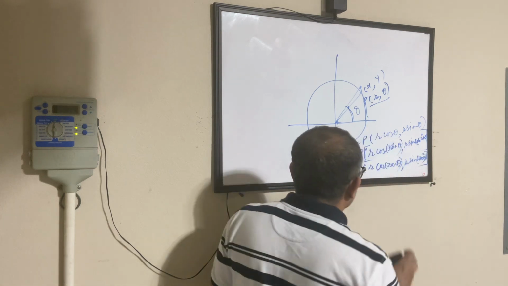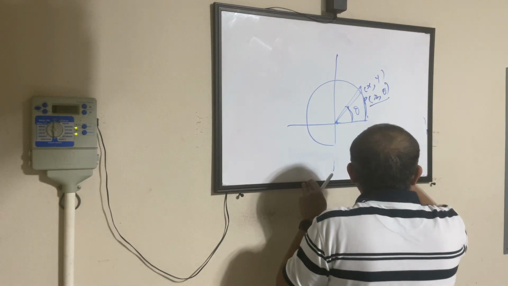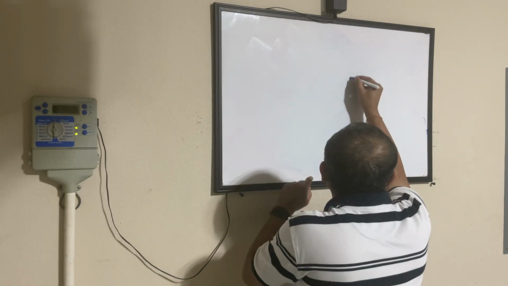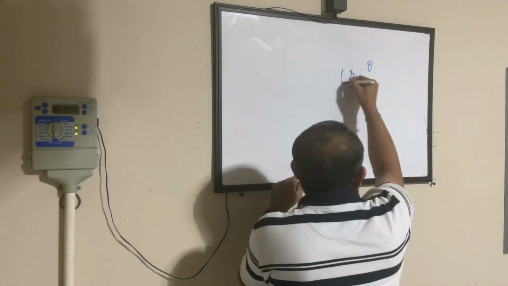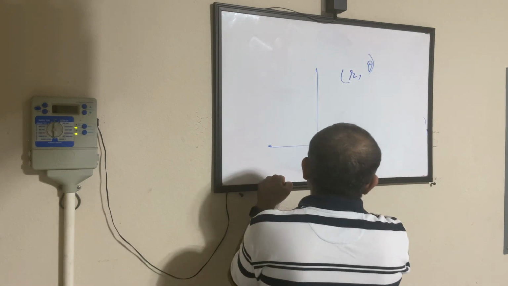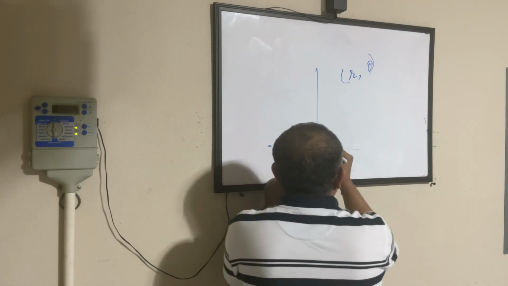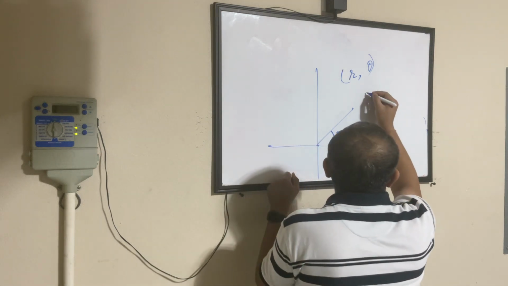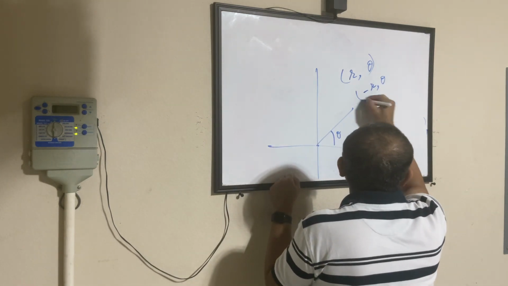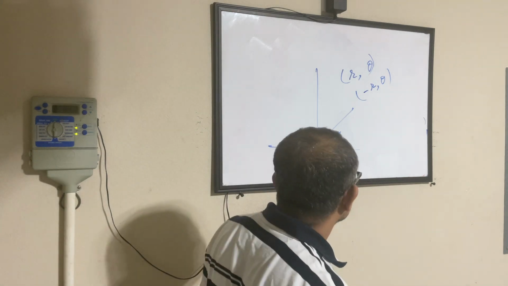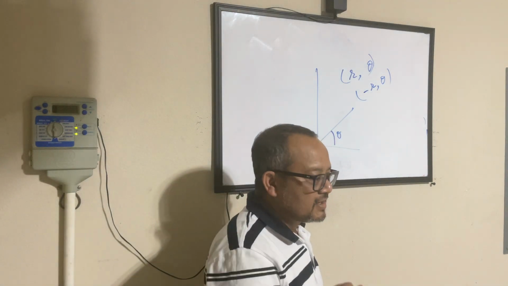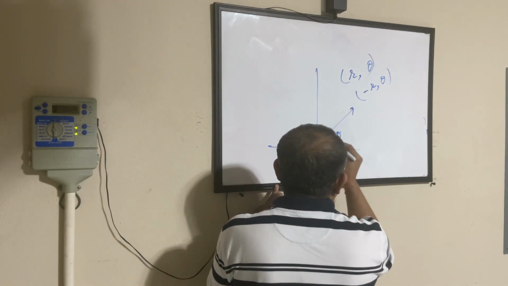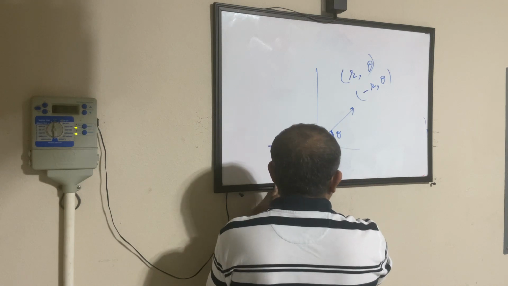Now, there is one more thing that we need to be aware of. I mean, there are many more things, but let's look at one more thing. So, if I say r theta as my polar coordinates, what I am talking about is this point is my origin, r distance, and theta angle. What if I say my polar coordinates are minus r comma theta? If I say minus r comma theta, that essentially means if I am talking about theta, this is my line.